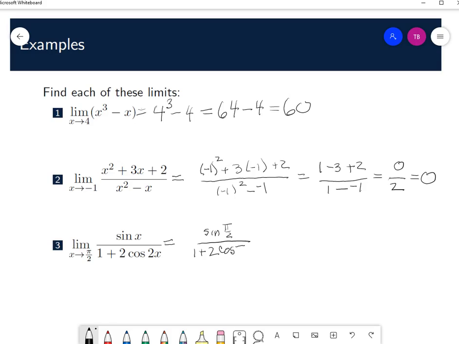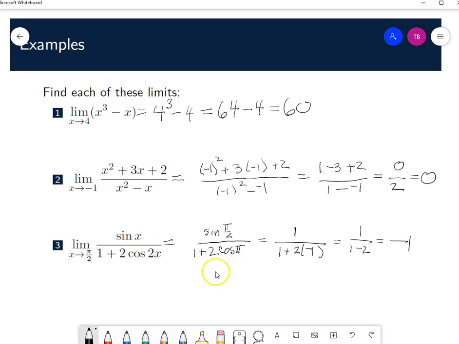I'm just going to write pi there. 2 times pi over 2 is pi. The sine of pi over 2 is 1. 1 plus 2 cosine pi. Cosine of pi is -1. So this is 1 over 1 minus 2, -1. That limit must be -1.